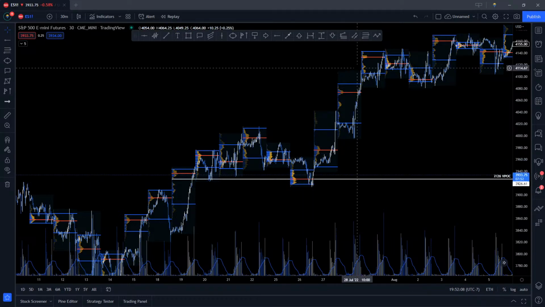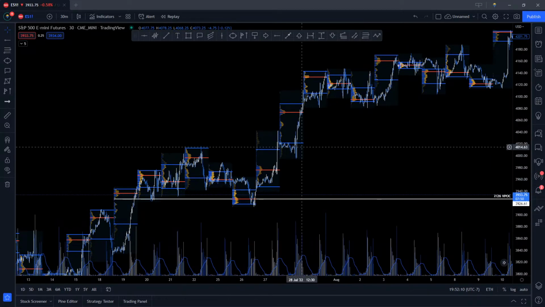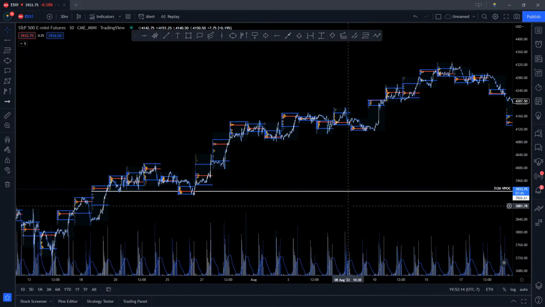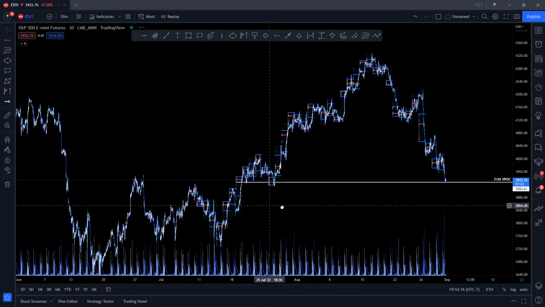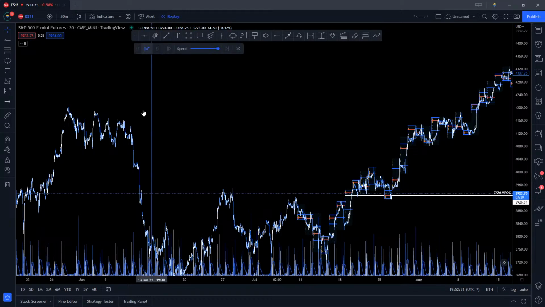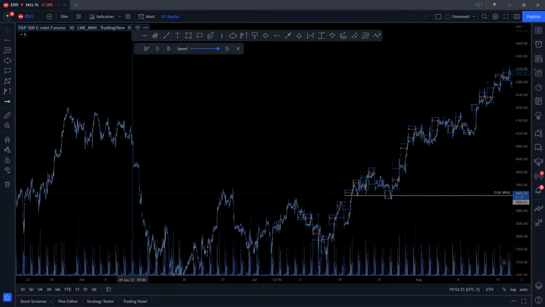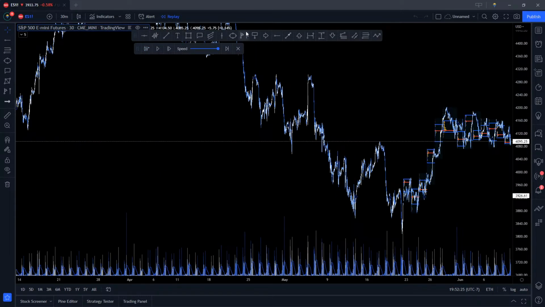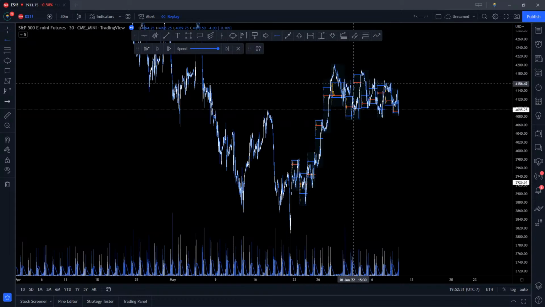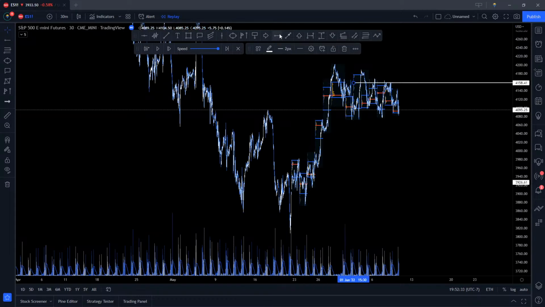From here, price rips. Market makers are happy. Hedge funds happy. And they know, like if we were to come back, replay, I don't know, back to here, they know about these levels.